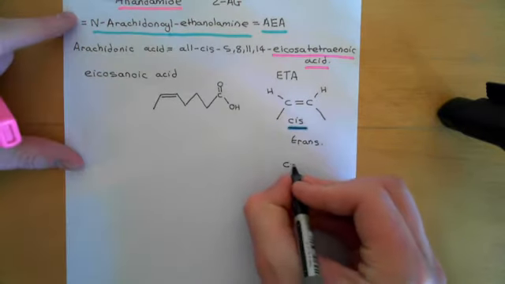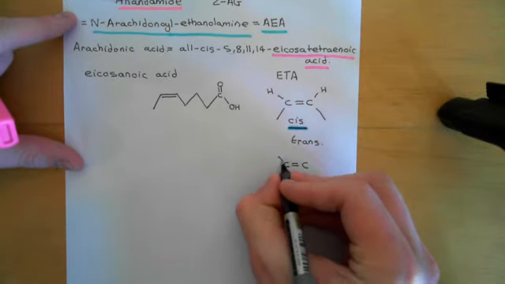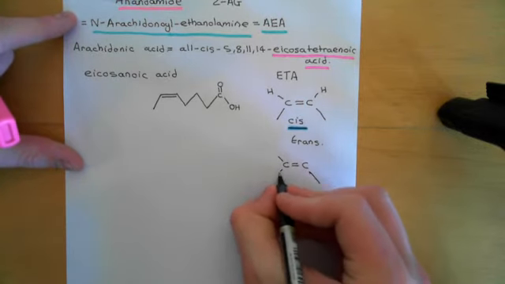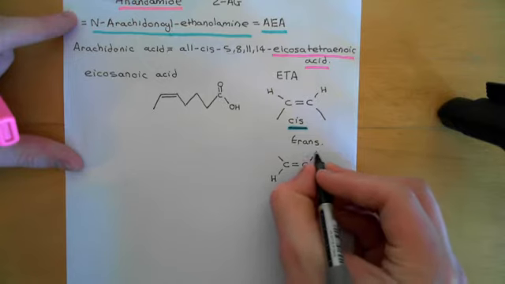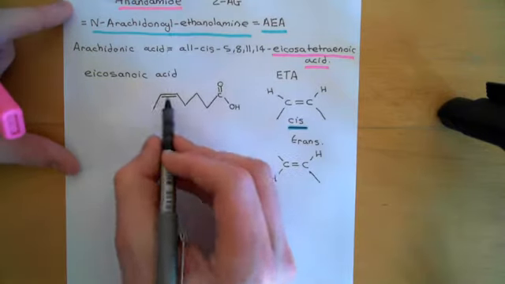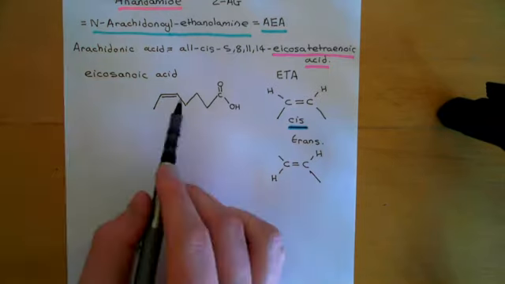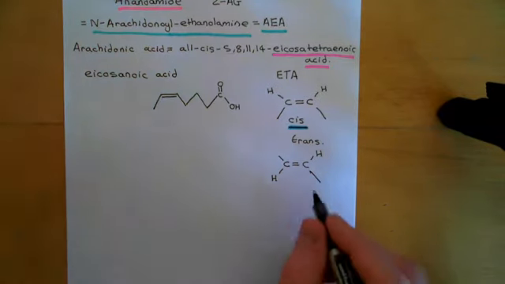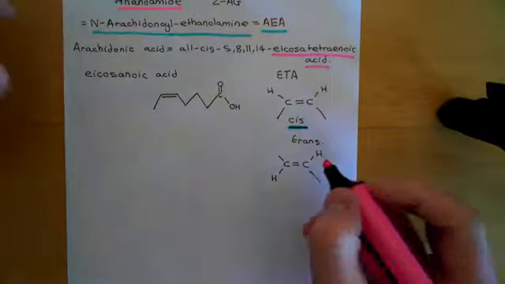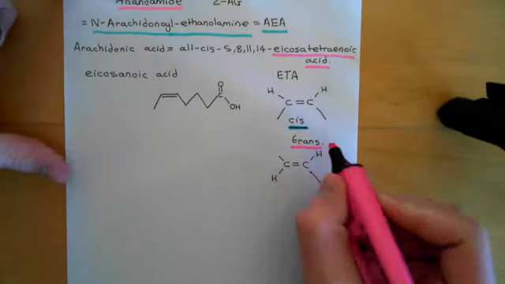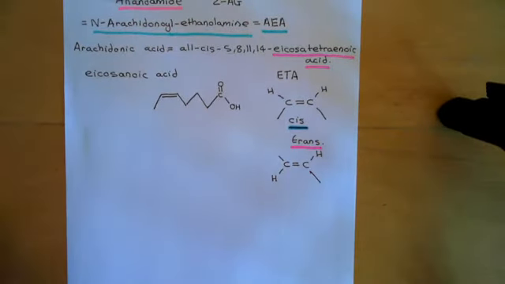So in the trans isomer, the 2 important groups will be on the opposite side, like so. And then the 2 hydrogens would also be on the opposite side. We want all of these double bonds in the cis isomer form, and therefore they're going to look like this. So this is the trans isomer form shown below. Right, okay, so all-trans 5,8,11,14 icosatetraenoic acid.